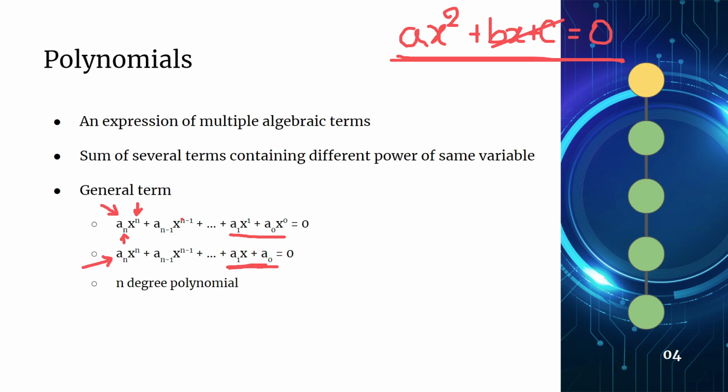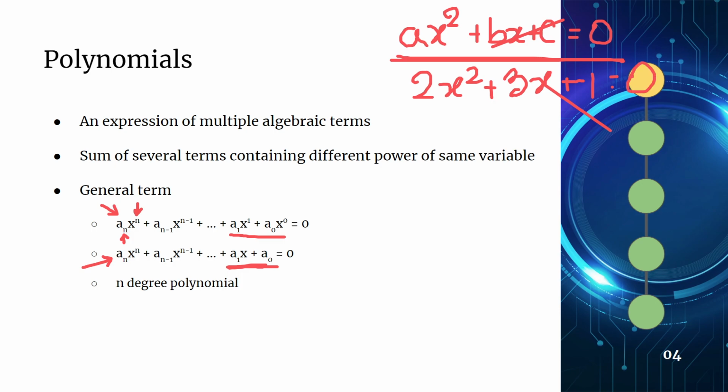Now I am going to write sample equations. They might not even exist and could be incorrect. Suppose I write an equation like 2x square plus 3x plus 1 equals to 0.